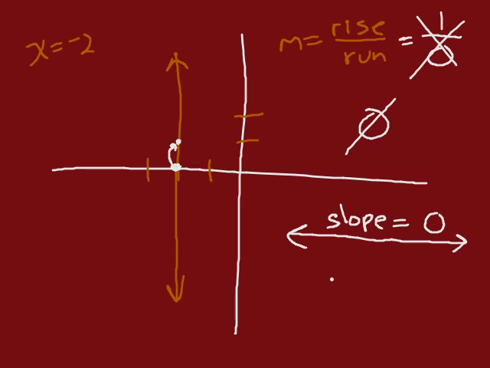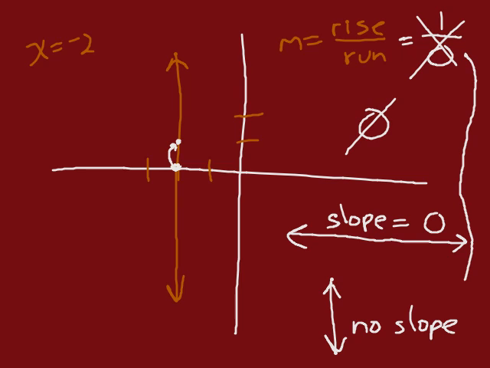If you have a vertical line, it has no slope. You have to keep those separate. A horizontal line has a slope that is equal to 0, but a vertical line has no slope. Make sure that you understand the mathematical reason why. This one, it's because you can't divide by 0.